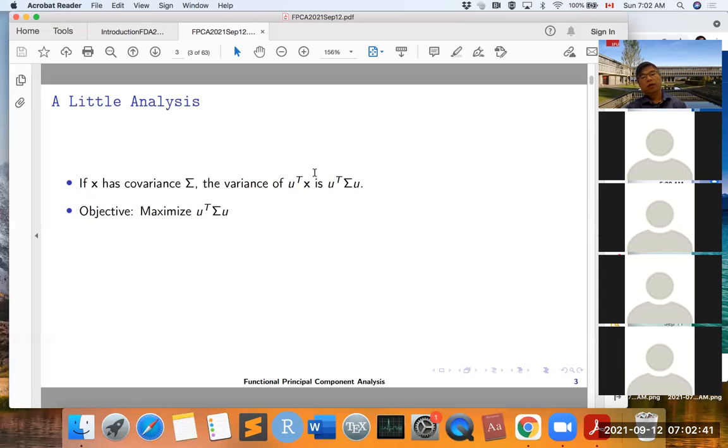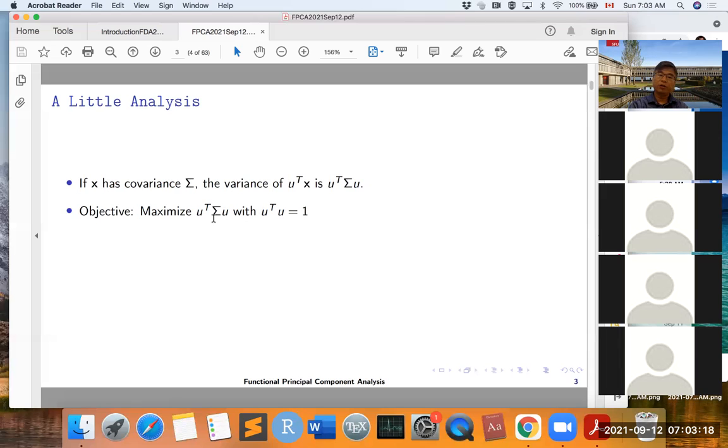Then for the projection u transpose times x, the variance will be u transpose times capital Sigma times u. So our objective is to maximize u transpose capital Sigma u. And to make u identifiable, we want the constraint that the length of u equals 1, so u transpose times u equals 1.